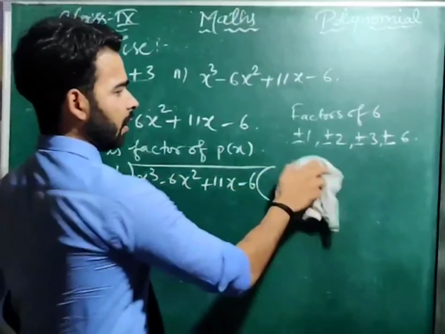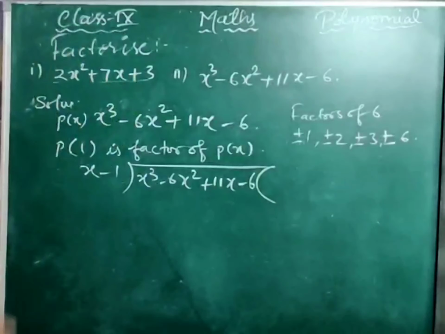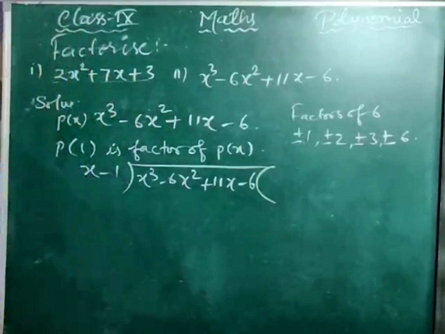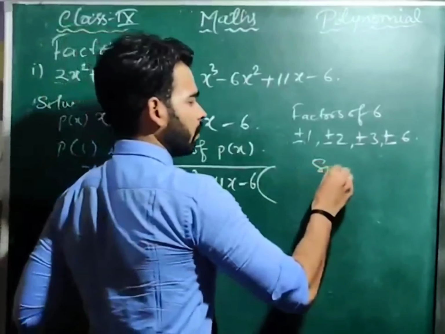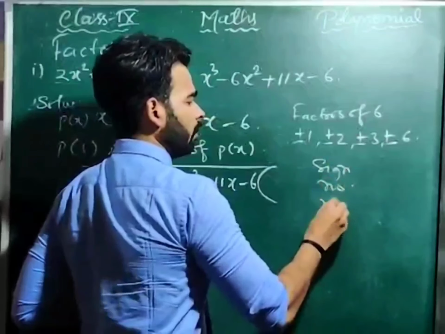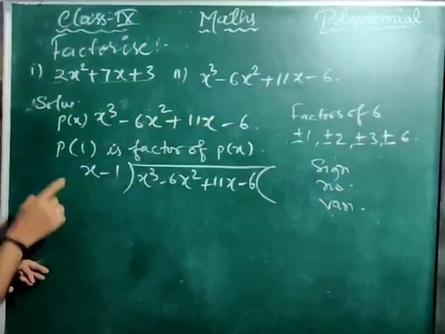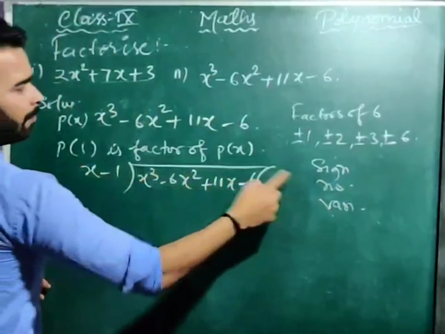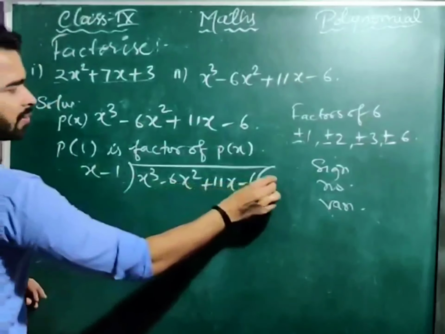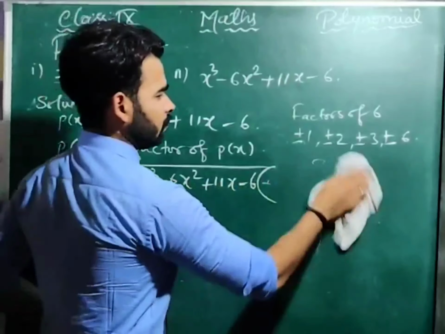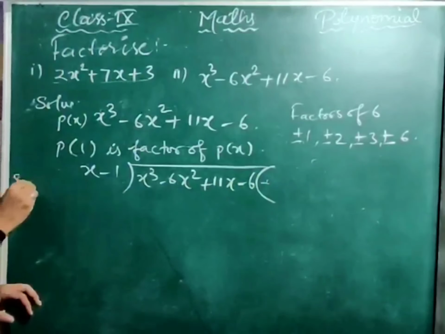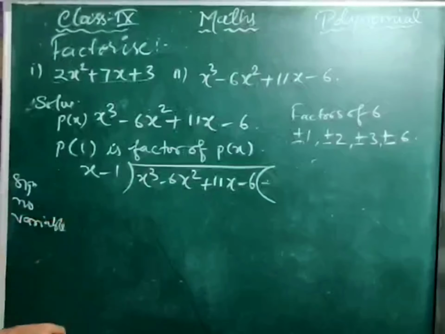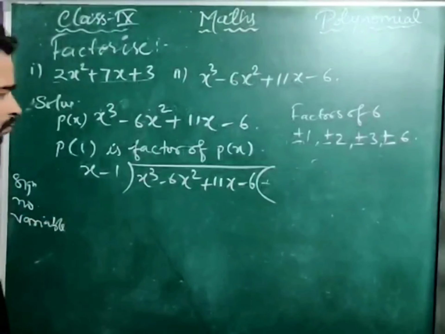Here we will use the division algorithm, and in the division algorithm also we will apply the same thing: sign, number, variable. Remember students, sign, number, variable. First of all, see the sign.